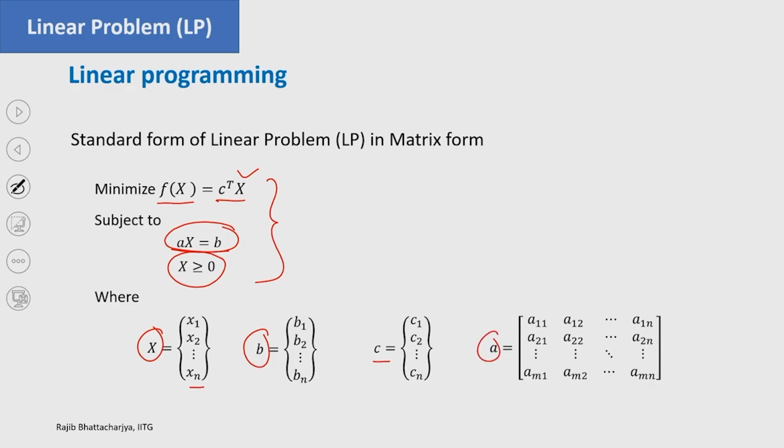This matrix can be written as A 1 1, A 1 2, A 1 n, then A 2 1, A 2 2, A 2 n, and we have a total of m constraints. Therefore, A m 1, A m 2, A m n. So, this is a matrix. Okay. So, I can write a linear problem in this matrix form, or otherwise I can also write it in algebraic form.